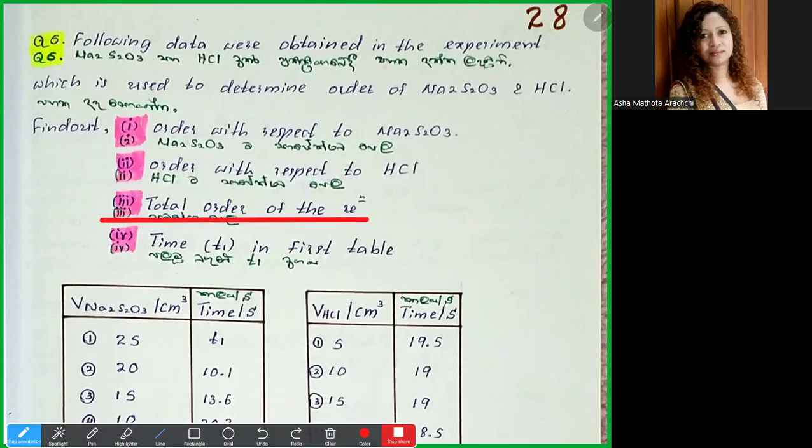Number 3, total order of the reaction. Number 4, time (T1) in the first table.